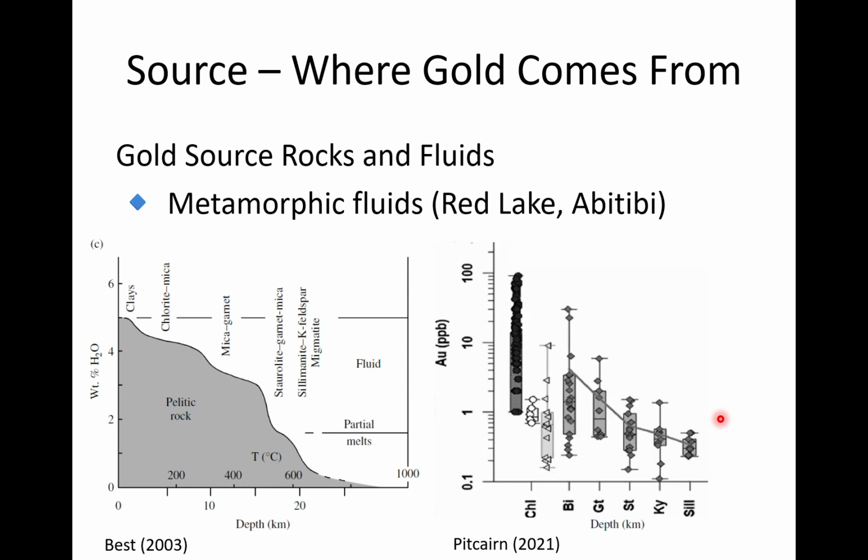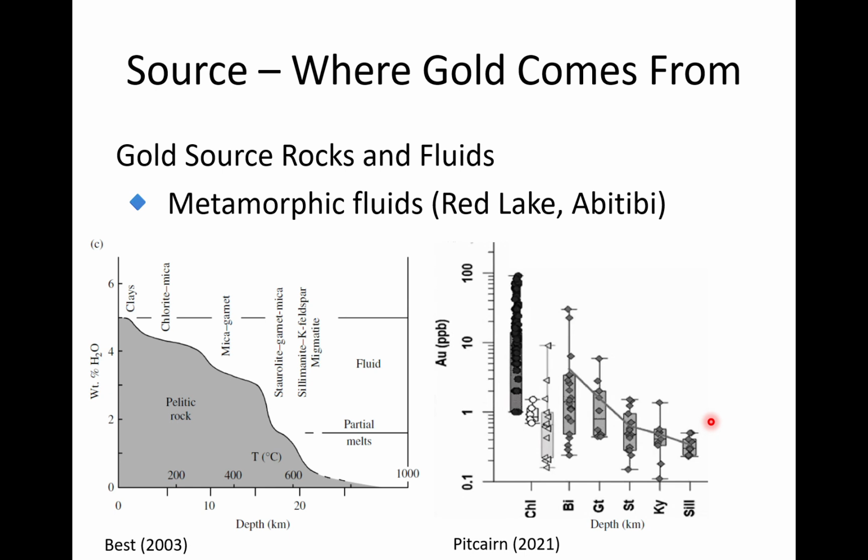So in other words, it shows that more gold is released from the metasedimentary rocks by prograde metamorphism. And the important implication is that in the Abitibi greenstone belt, 10 tons of gold were mobilized from 1 cubic kilometer of sedimentary rocks during prograde metamorphism to the sillimanite metamorphic zone.